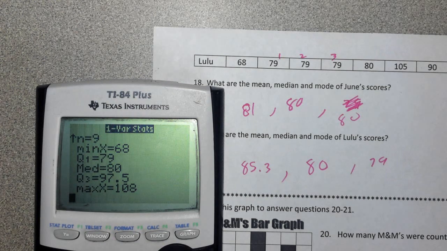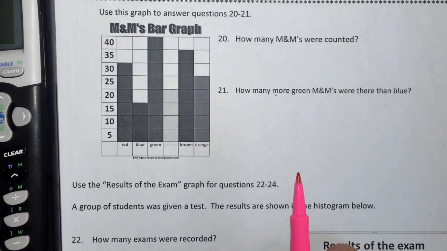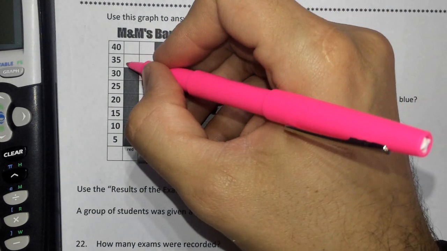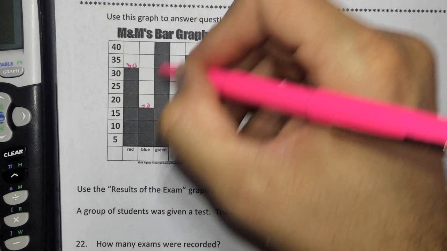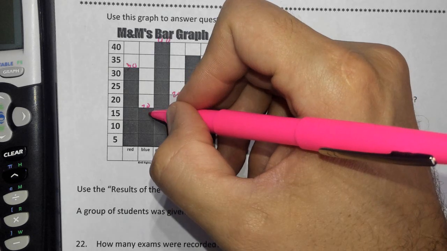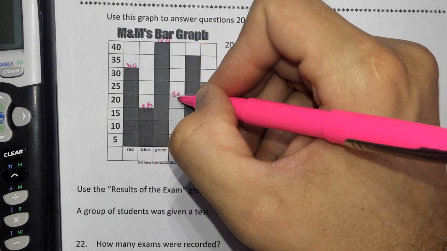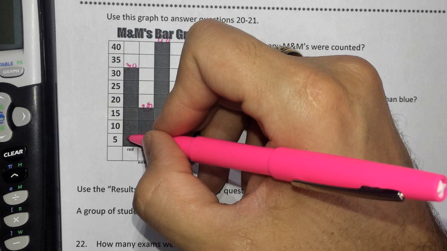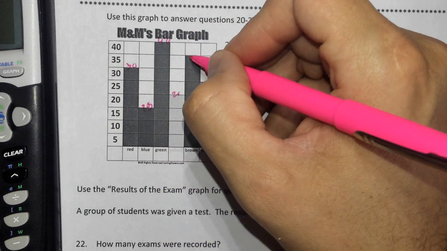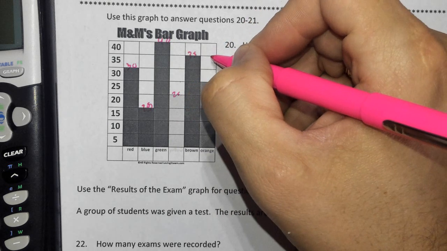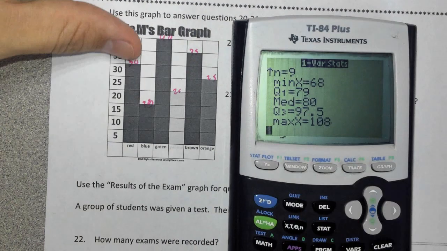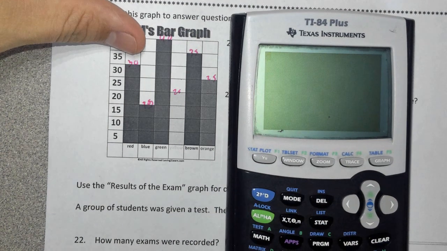Last section, and we're done with the review. Alright, how many M&Ms were counted? Well, there were 30 counted here, there were 20 here, 40 here. Oh, I'm sorry, this is 15. This is 20. This is 35. This is 25. So let's go ahead and add all those up. Quit out of here.